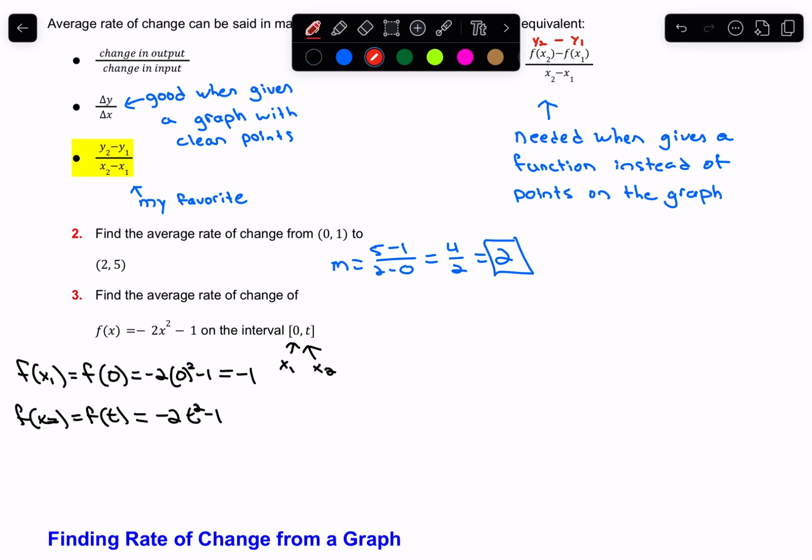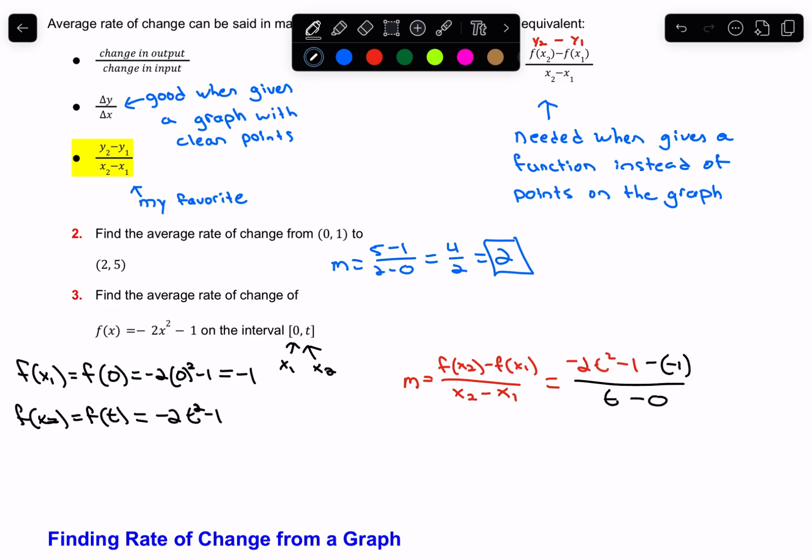Now if we apply the formula, okay, m equals f of x2 minus f of x1 over x2 minus x1. This is going to equal negative 2t squared minus 1 minus negative 1 over, and then we have t minus 0.